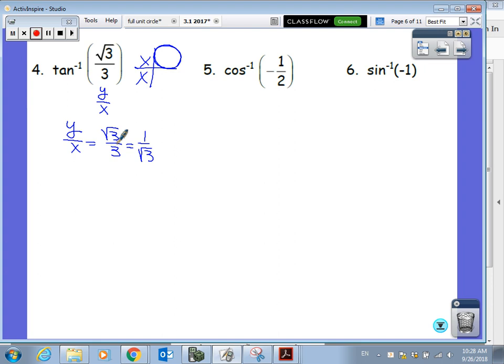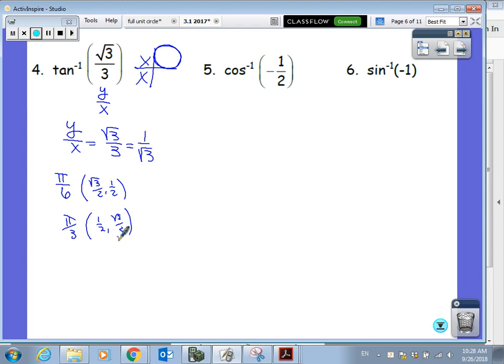All right, so the only two places on our unit circle where root 3 is even involved is at pi over 6. We have the point root 3 over 2, 1/2. And at pi over 3, we have the point 1/2, root 3 over 2. I just got that straight off the unit circle. So if you look at your unit circle, that's the only place where a root 3 even pops up. Root 2 has nothing to do with this problem.